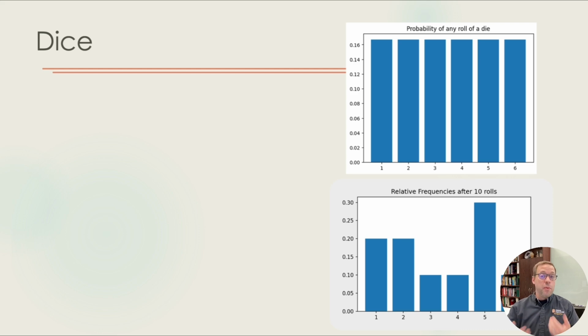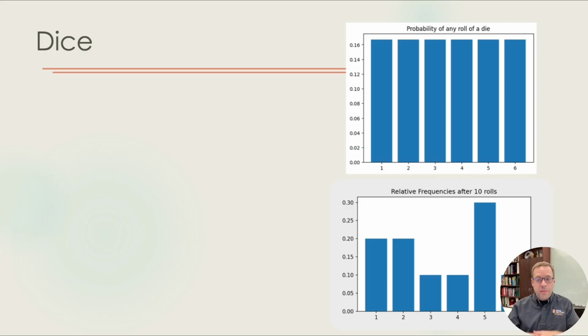Remember when we talked about distributions, we said, well, if all of the bars were about the same height, we'd call that a uniform distribution. Rolling a die is a uniform distribution. Why? Because the probability of rolling any one number is the same. That's just kind of a side note here. I just want you to see that.